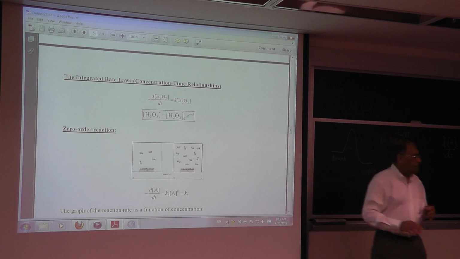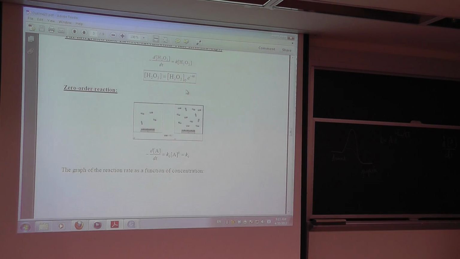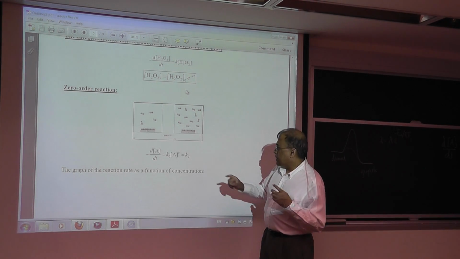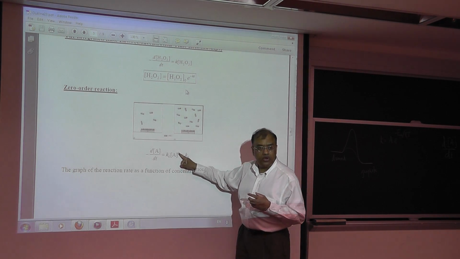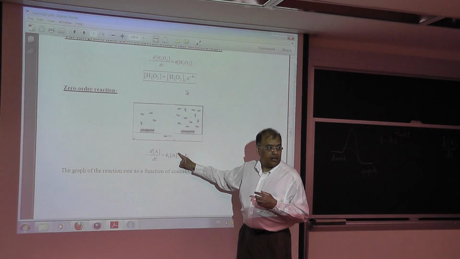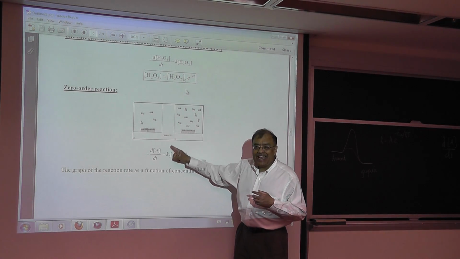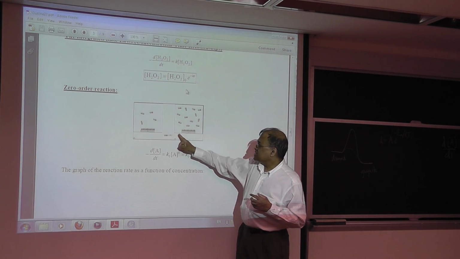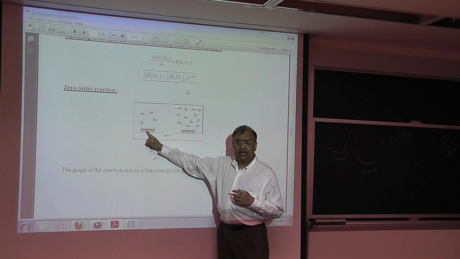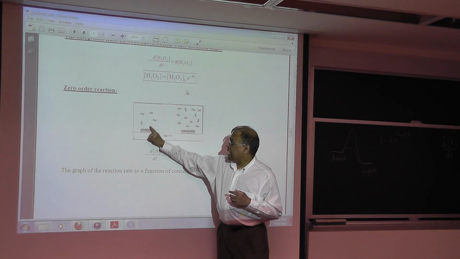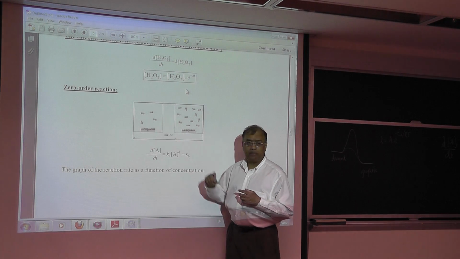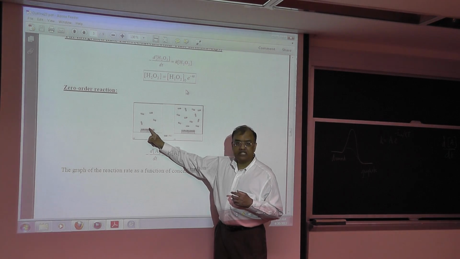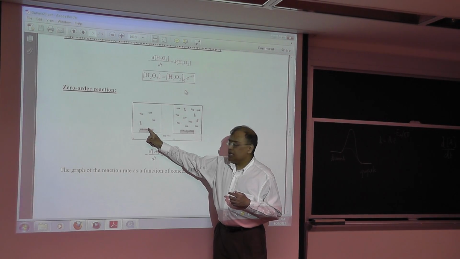So here is an example of a zeroth order reaction. A zeroth order reaction means that the reaction is dependent on the concentration to the power 0. That means that the rate is independent of concentration. Here is an example of how that could be. Suppose you have a platinum surface and molecules in contact with it, and only those molecules in contact with the platinum surface are undergoing a chemical reaction.